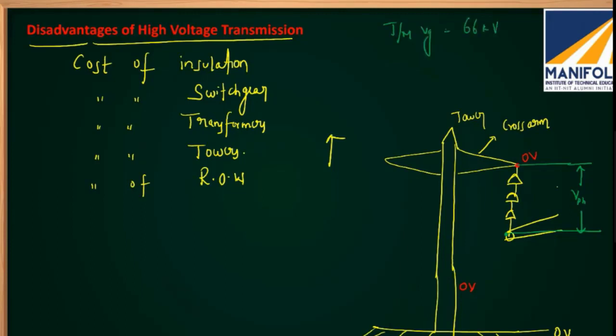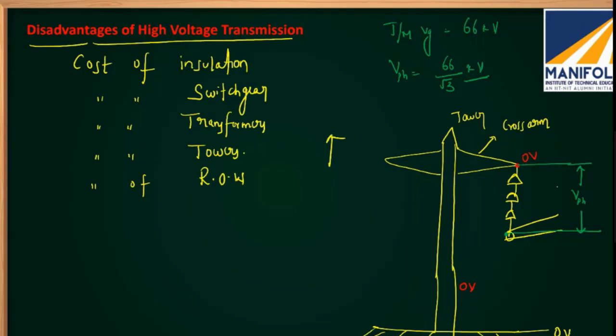So you have to provide insulation for which voltage? The phase to neutral voltage will become 66 kV divided by root 3, because the transmission voltage is always mentioned in line to line RMS voltage. So our phase to neutral voltage is 66 by root 3.